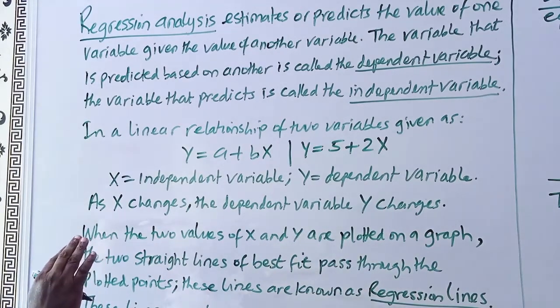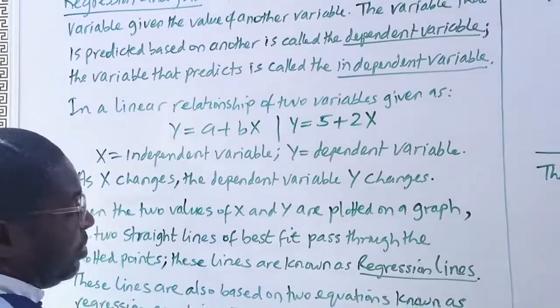Now, when the values of x and y are plotted on a graph, two straight lines of best fit pass through the plotted points. These lines are known as regression lines.